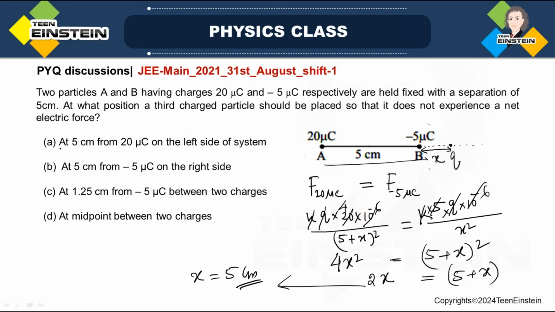Let us see the options. At 5 centimeter from 20 microcoulomb on the left side of the system, no, this is wrong. At 5 centimeter from minus 5 microcoulomb on the right side, it is actually true. Others will obviously not be true. So we have got B to be the correct answer for this question.